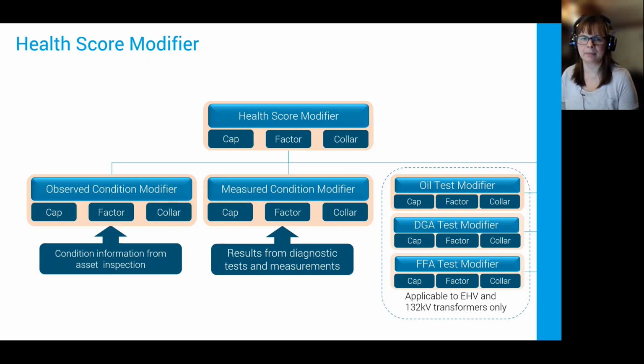We don't use the caps very much, but to give you an example of where we do, think about a wood pole. If the observed condition is quite poor, you might look at it and think, oh, it's not straight. The external condition looks a bit horrible. It doesn't look very good. So you might score that quite badly.